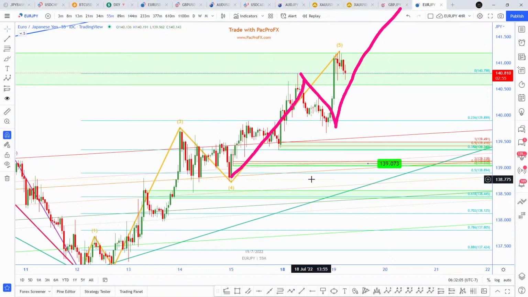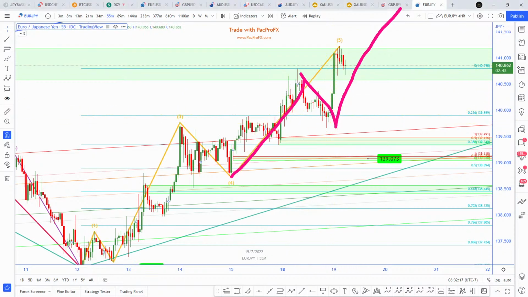Getting a lot of alerts on USD CAD. So this might pull down. Choose a different color. This might just be an A, B, and C of that wave C on the larger ABC pattern.